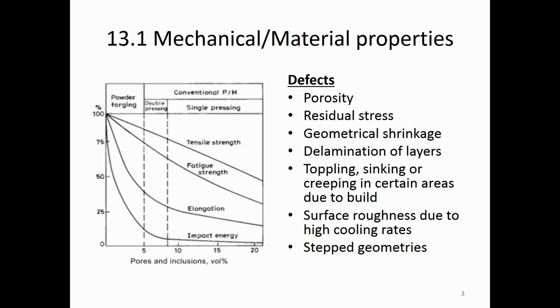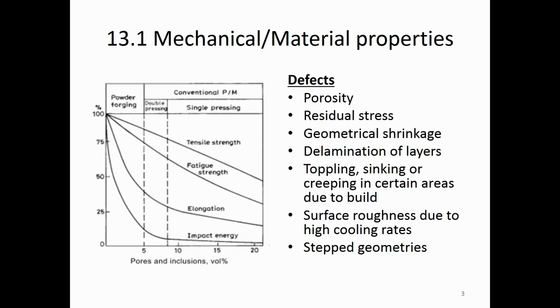But one of the problems is that even low levels of porosity in parts cause reductions in the mechanical properties. You expect that. And I like this old graph here, which is more about powder metallurgy, and there's a lot of similarities. In powder metallurgy, you get relatively higher levels of porosity.